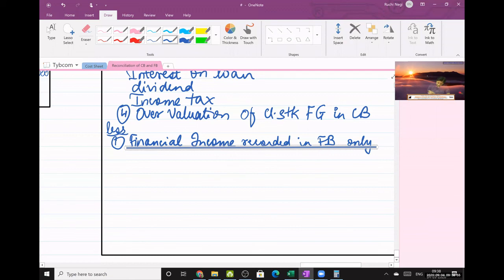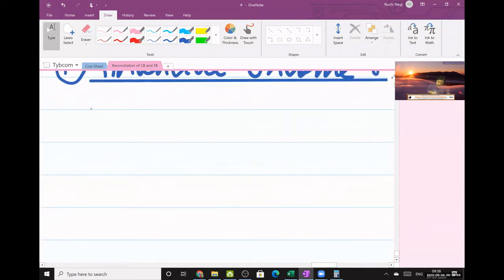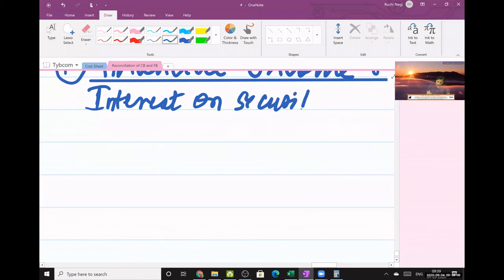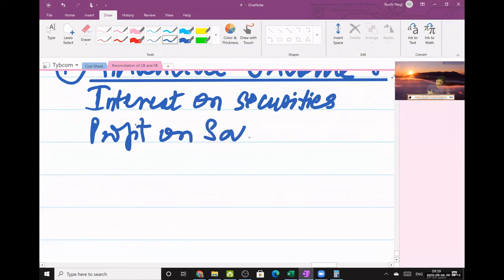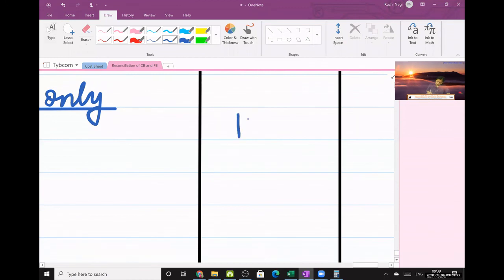Next, interest on securities. Interest on securities and profit on sale of assets. So is 17,000 and 1,20,000.